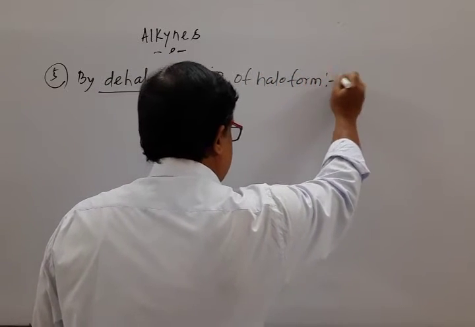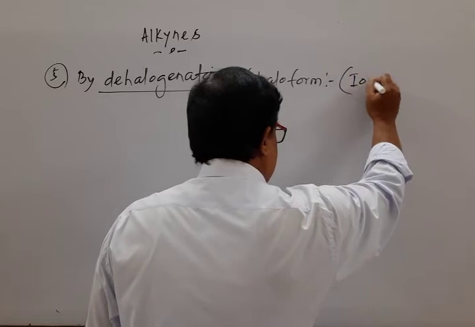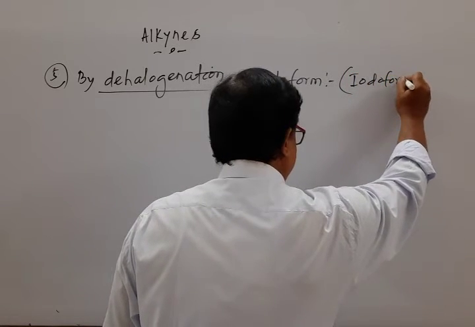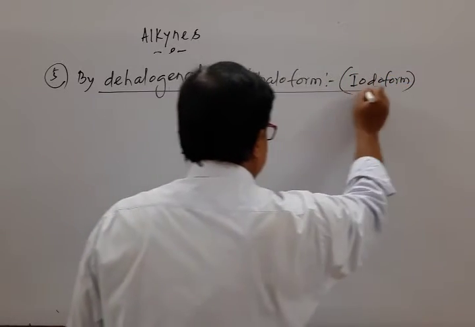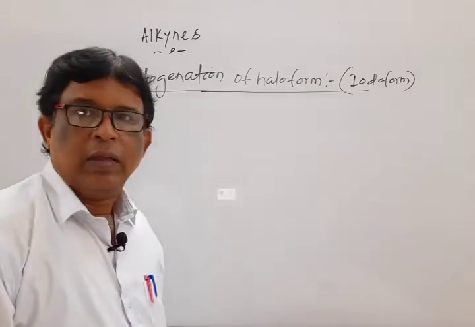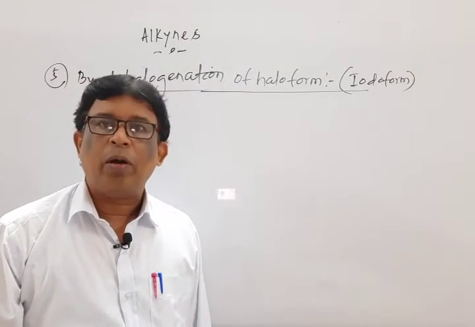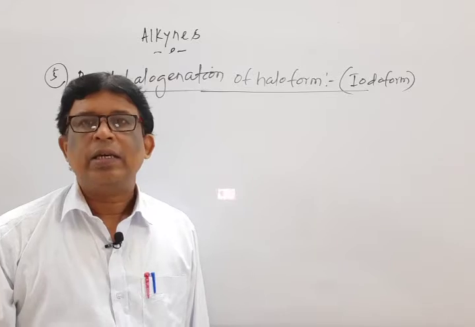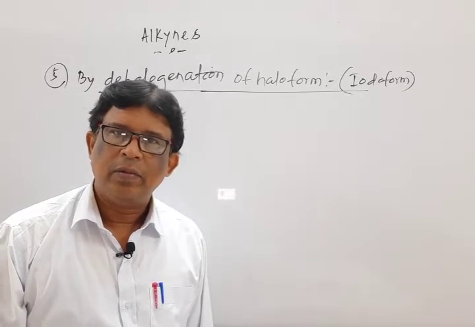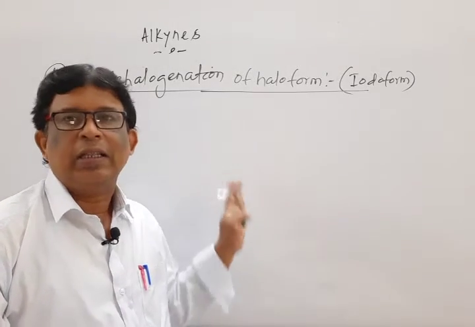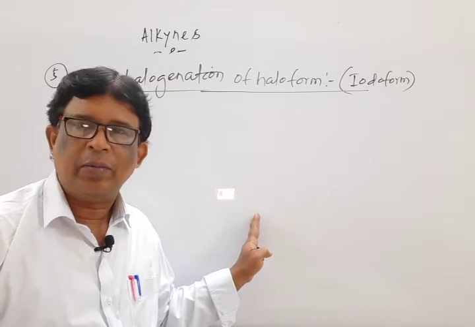Specially, we select iodoform. Haloforms are chloroform, bromoform, iodoform. The formula is CHI3. So first we write the equation, then we switch over to the statement.